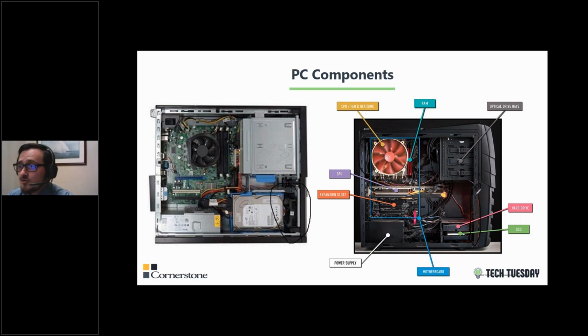What those do is move air around within your computer case. Air on this case on the left will go in this way, up through the case and out this way.